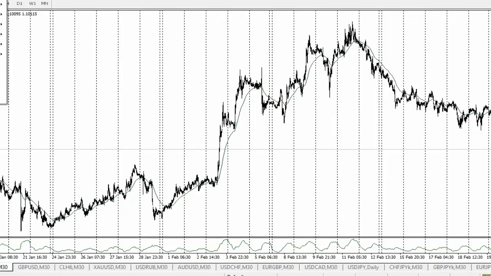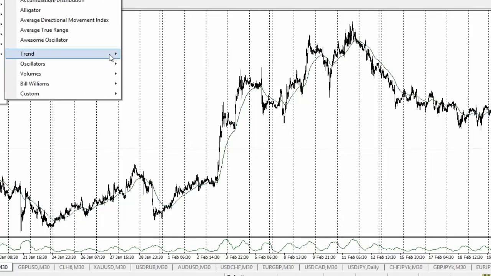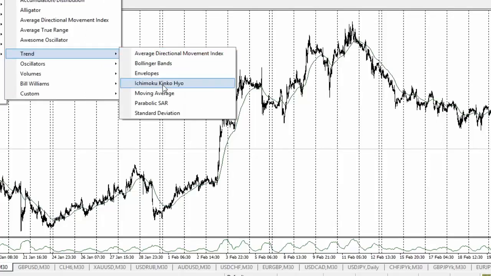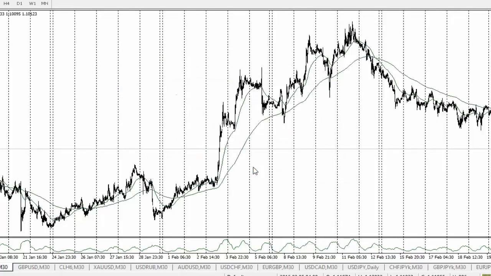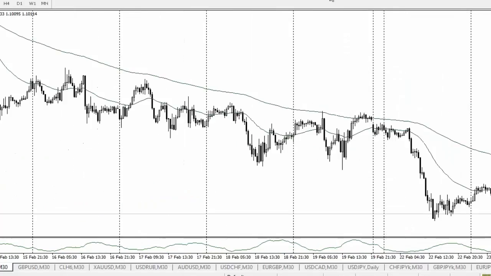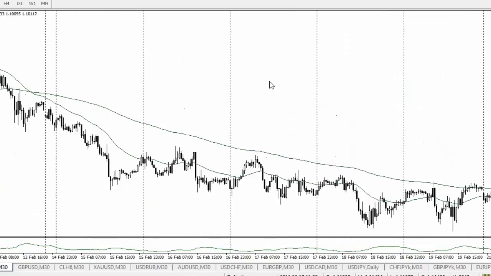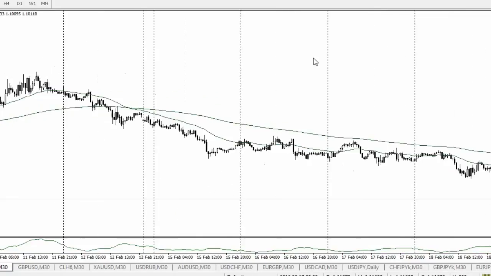And the second moving average with a parameter of 150. Okay, so I have a fast one and a slow one. Let's look at the current market activity. You see that the market was entering the value area several times.